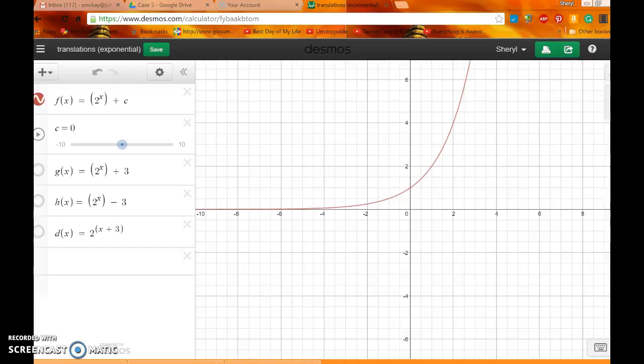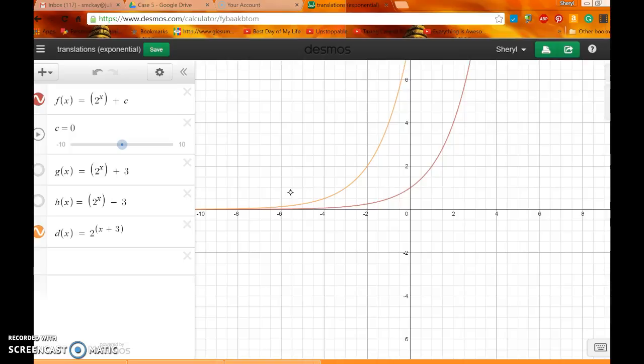Now what I want you to do is look at d of x, which is 2 to the x plus 3 power. And what happens is my equation is actually shifting to the left. It's shifting to the left.